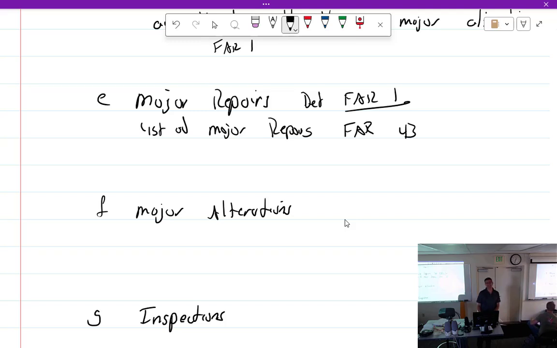Oh, that sounds just like what we were looking for. I told you almost everything was going to be in FAR 43 for us. So I go to 43. Oh, please be a list. Please be a list. Let's see. Oh, there's no list. Wait a minute. Appendix A gives me a list.